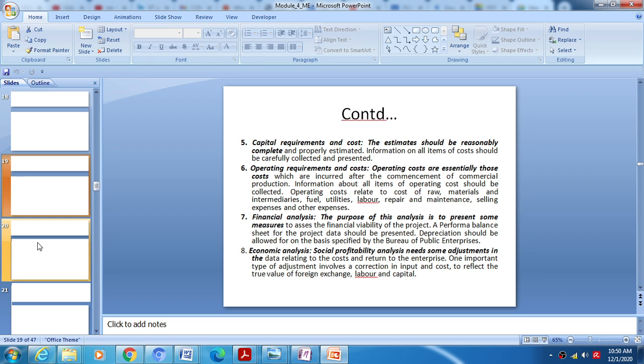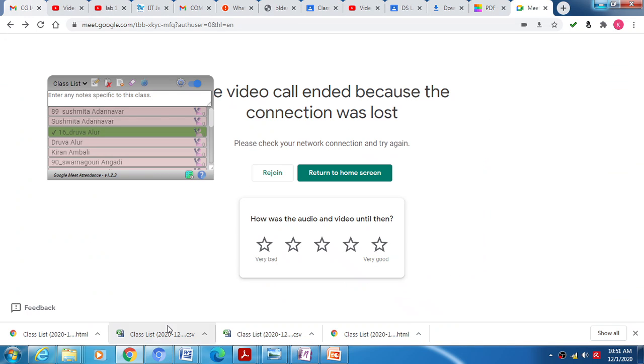Or you can also discuss the social profitability that the society could have from this particular project. That again has different parameters that need to be discussed and finally presented in the report. All right, so these are the guidelines given by the planning commission.